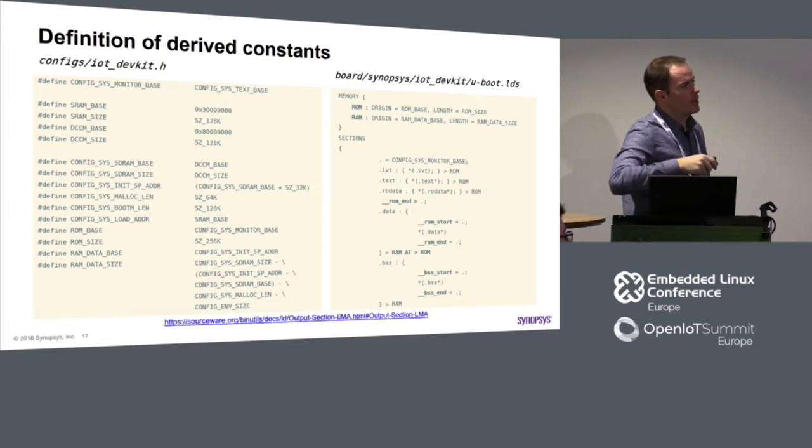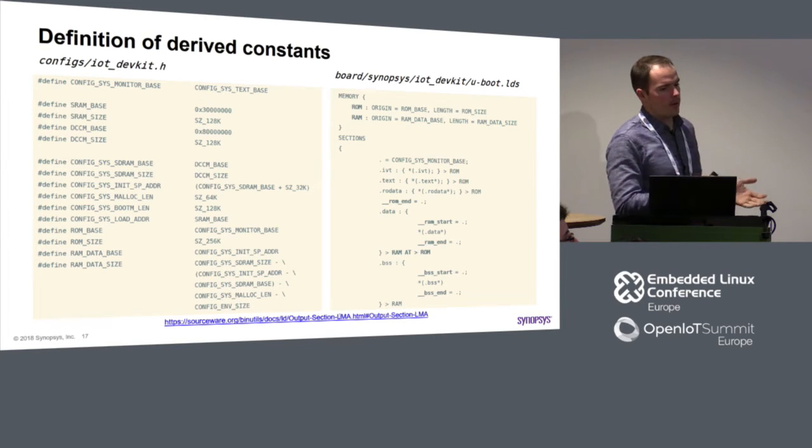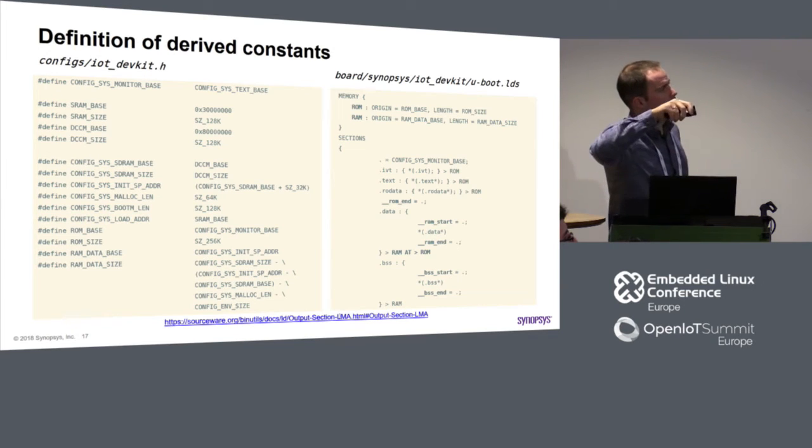What is also important here, we put a couple of link time defined symbols. For example, this is RAM start, RAM end, BSS start, BSS end. This will be required, and this one is also important, by the way, ROM end. This will be used for runtime tricks we are going to do early on start. And here you may see how I calculated a couple of different values.